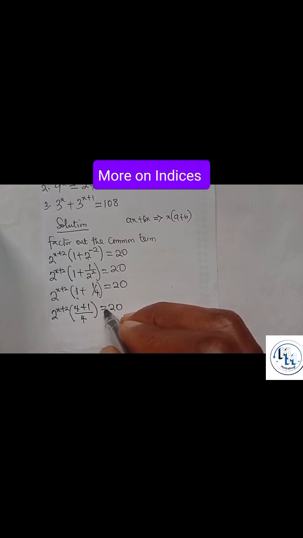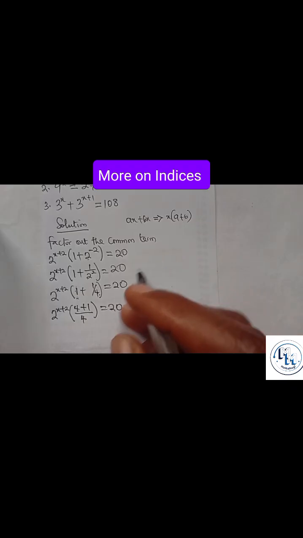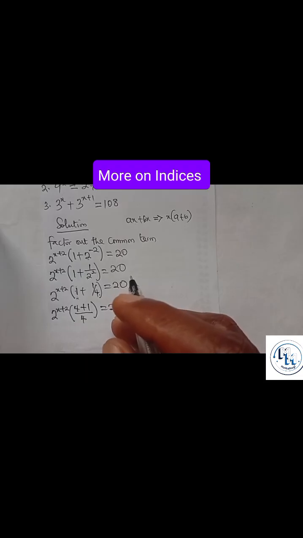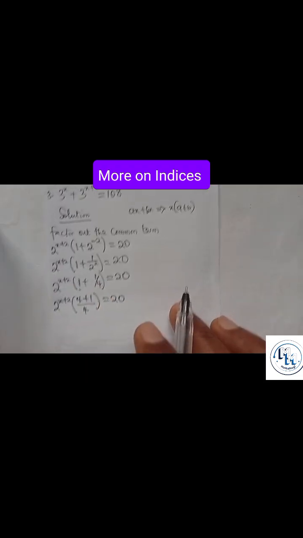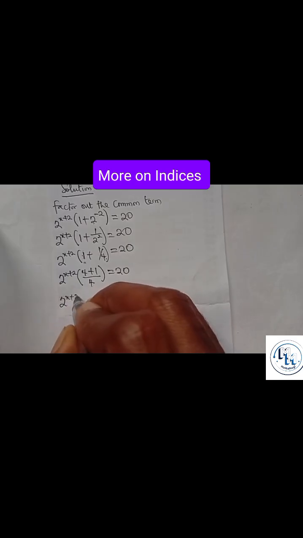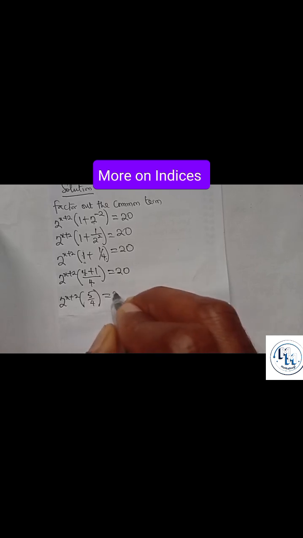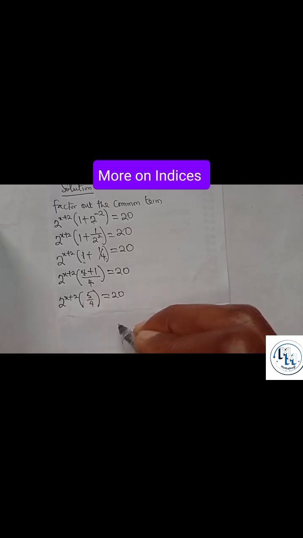Please, you can still do your normal way of solving fractions, like finding the LCM. Is that okay? You are still going to get the same answer with me. Now, let's continue. 2 power x plus 2, so 4 plus 1 is 5 over 4, equal to 20. Is that okay?